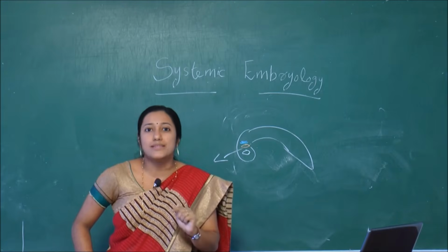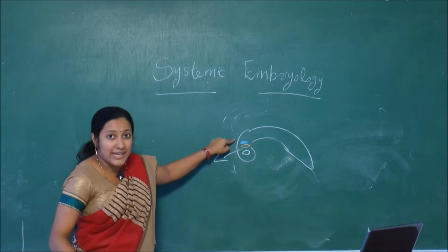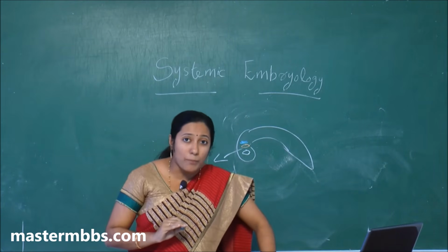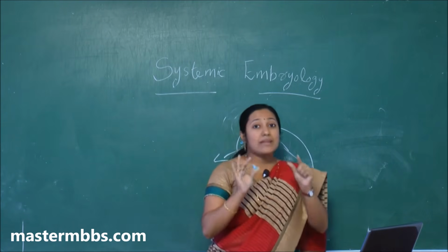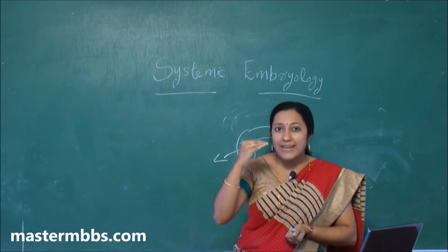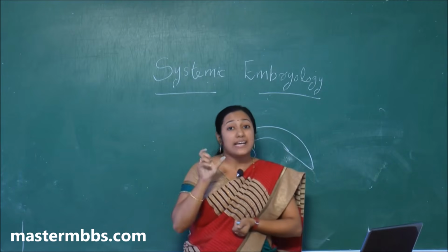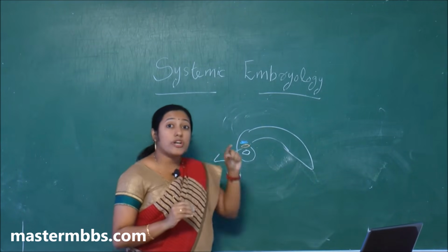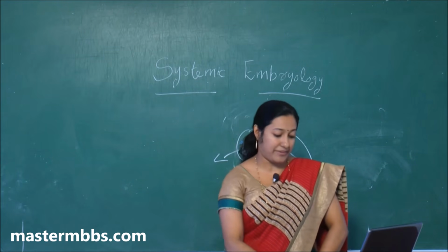Or in other words, septum transversum contributes to a region between the pericardial cavity and down the abdomen. And we already know in the adult stage, the main muscular organ which divides the thoracic cavity and abdominal cavity is the diaphragm. So septum transversum contributes a major portion to the formation of the diaphragm.